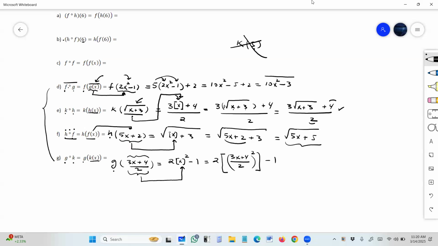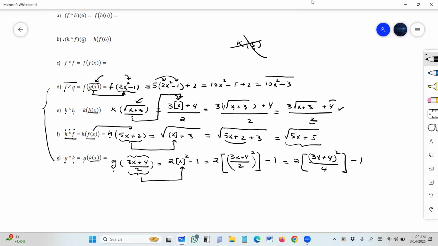All right. So there's a couple of things that we need to do, right? So I have the numerator and I have the denominator both have to be squared. So I'm not going to touch the 2 on the outside. So this is going to be (3x plus 4) squared over the 2 squared, which is 4. And then the minus 1.